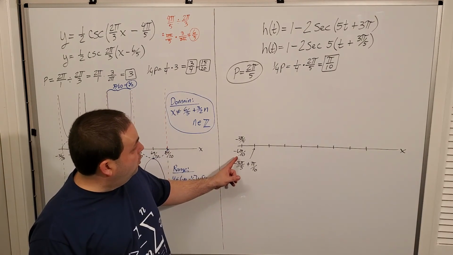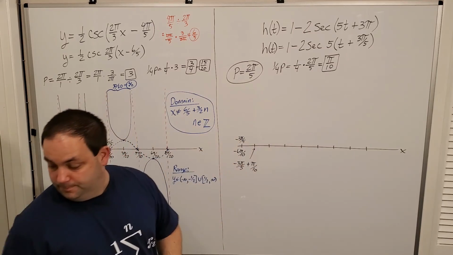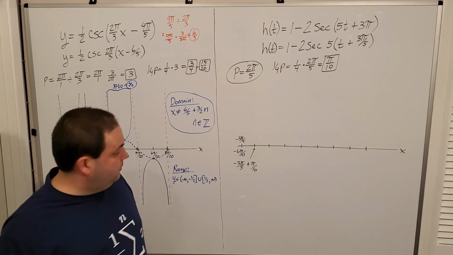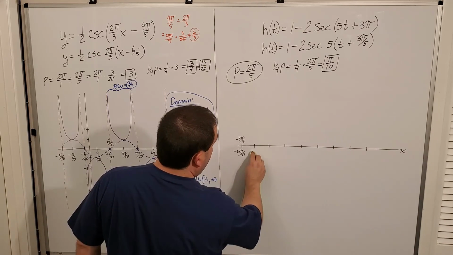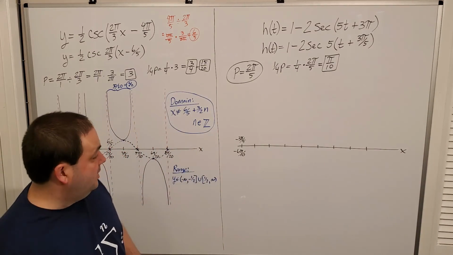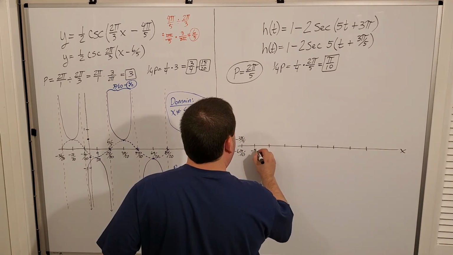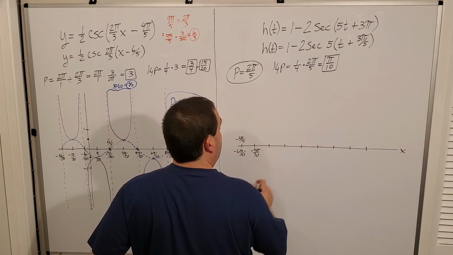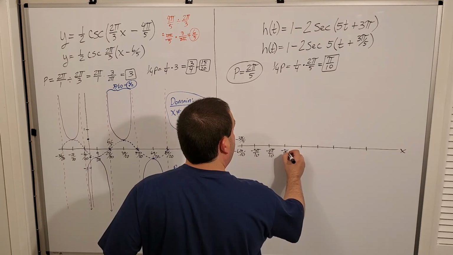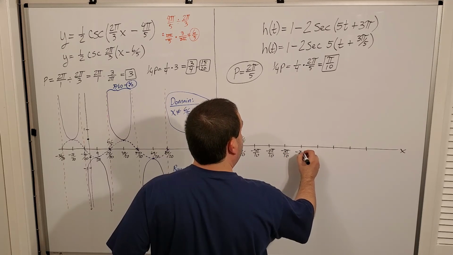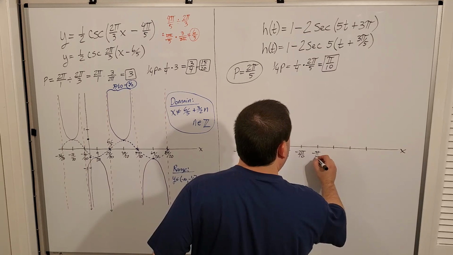And then I'm just going to be adding pi over 10 every time. Well, that seems pretty straightforward. I'm just going to be adding pi over 10 now. So negative 6 pi over 10, I'll go to negative 5 pi over 10, then negative 4 pi over 10, negative 3 pi over 10, negative 2 pi over 10, negative pi over 10.